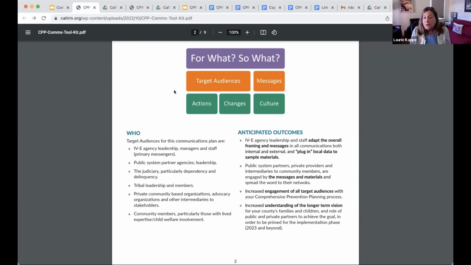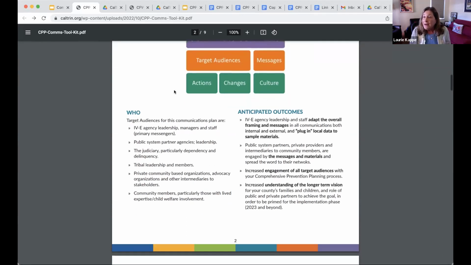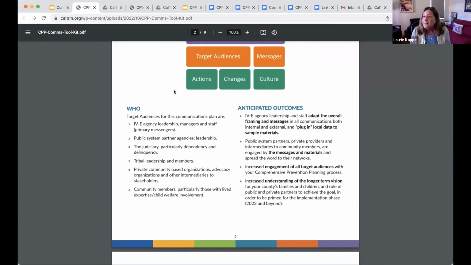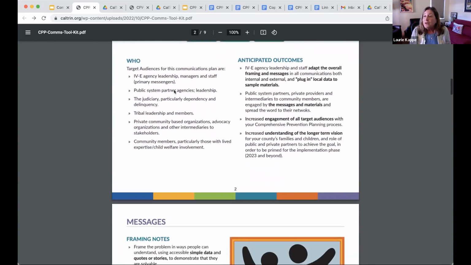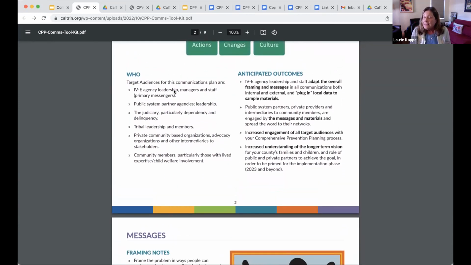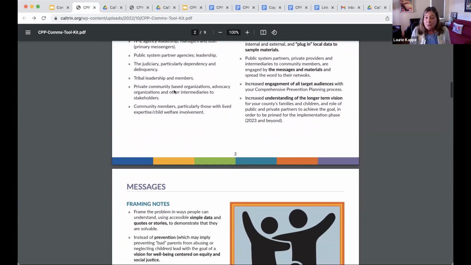You're going to see much more engagement of the target audiences, and you're going to increase the understanding of this long-term vision, that we're not just talking about getting from point A to point B when you send your plans to the state, but we're talking about getting to that vision, which may be and will likely be many years of work.